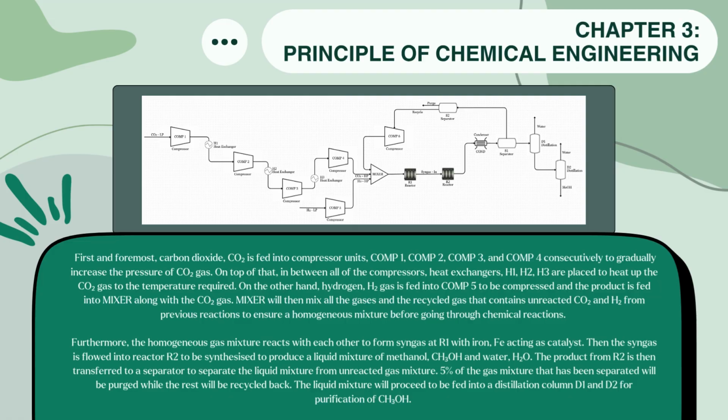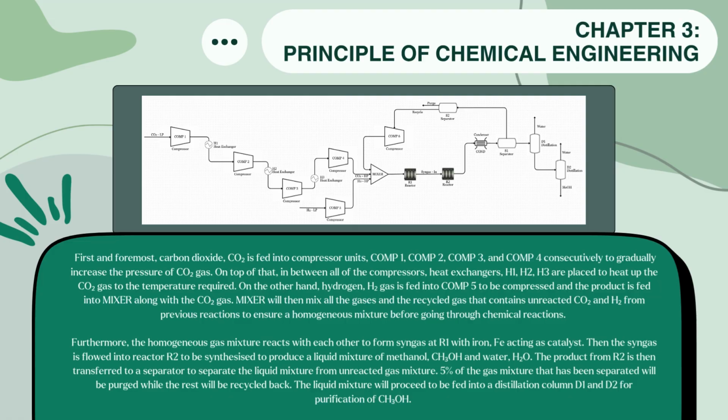Not only that, heat exchangers are placed in between every compressor, which will heat up the CO2 gas up to 300 degrees Celsius to be ready to enter the mixer, where it will be mixed with hydrogen gas, which is compressed at COMP5 up to 76 bars also.